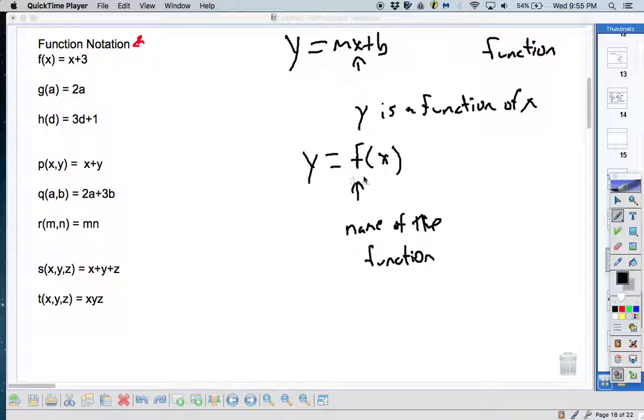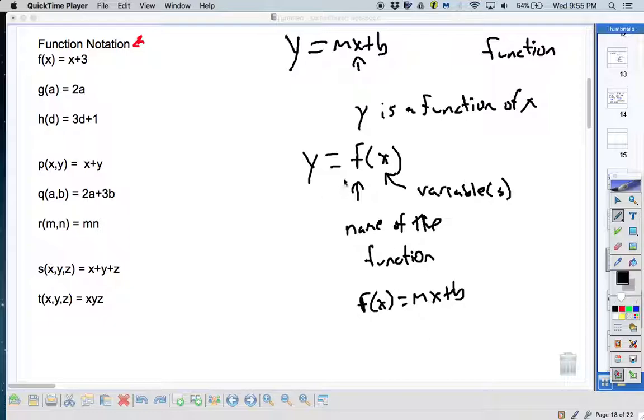So f is the name of the function, and inside the parentheses is going to be the variable or variables used. Okay, so we have function f using variable x, and that would be up here. So we could rewrite this top equation as f of x is going to be mx plus b.